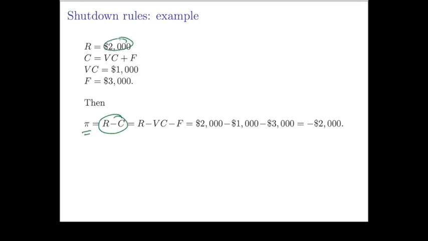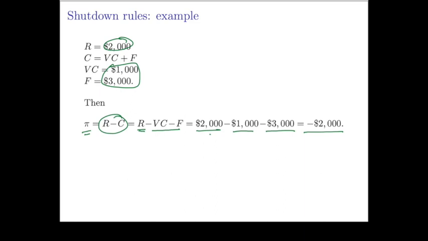So it's 2,000 minus your total cost. Your total cost is comprised of these two parts. So it's 2,000 minus, so R, which is 2,000, minus variable cost minus fixed cost. Variable cost is 1,000, fixed cost is 3,000. So it's 2,000 minus 1,000 minus 3,000, so it's negative 2,000.